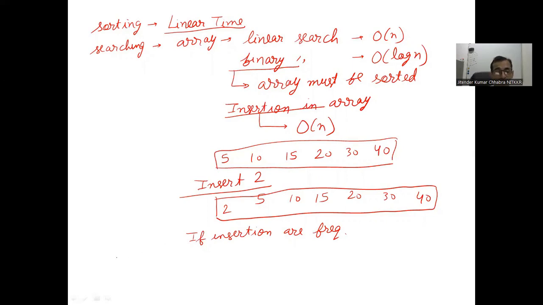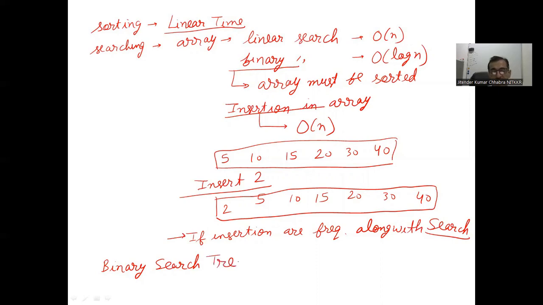So now another solution comes into picture and we call that a binary search tree. For such situations where insertion will also be frequent along with the searching. If insertions are frequent along with the searching, then searching although becomes log n, but insertion becomes more time consuming. So binary search tree can be a good choice.